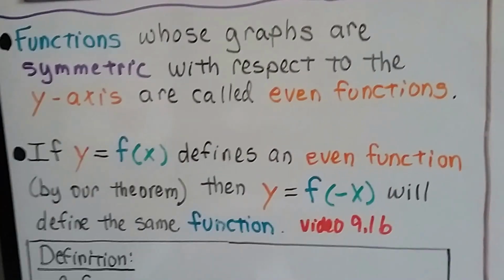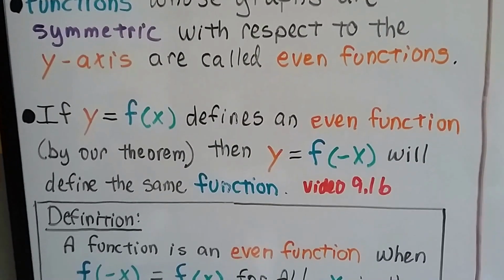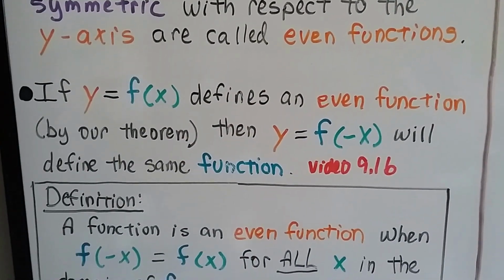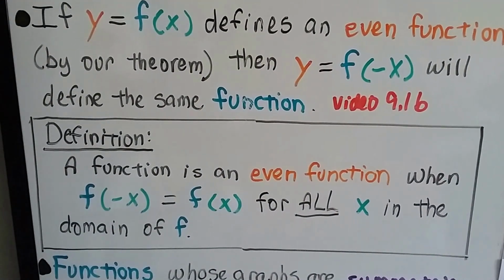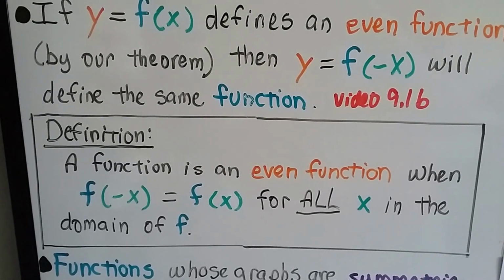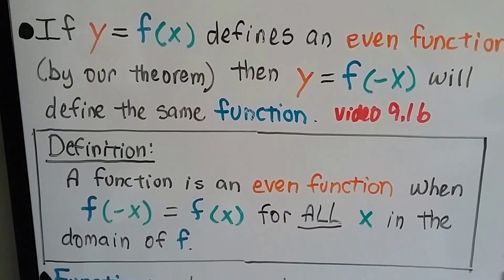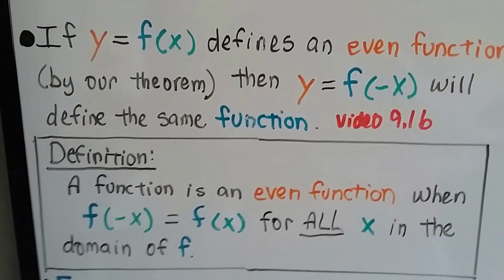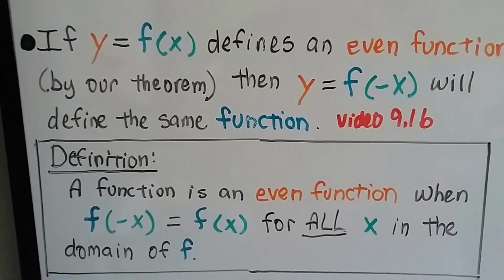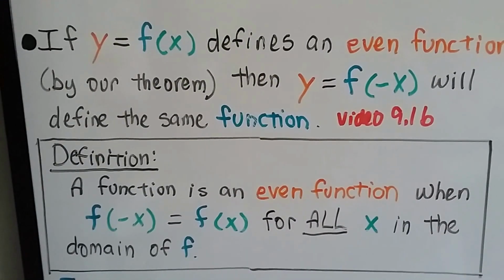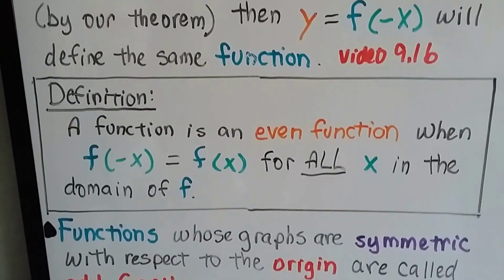So if y equals the function of x defines an even function by that first theorem, then y equals the function of the inverse of x will define the same function. Here's a definition. A function is an even function when the function of the inverse of x equals the function of x. So it's like saying when a negative y equals the y, okay? So like squared, because we know that function of x can be a y, can't it? And this would be for all x in the domain of f, okay? So it's going to make more sense as we move forward.